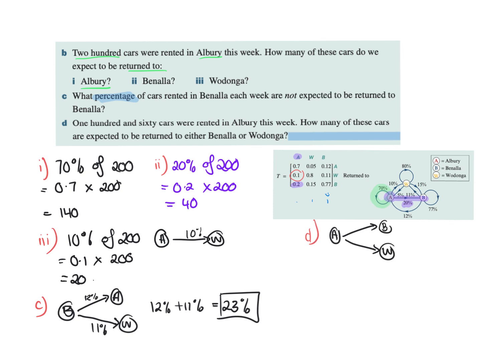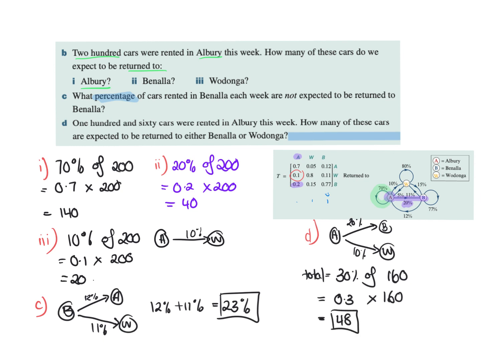If we have a look, it was 20% and 10%. So it's going to be a total of 30% of the 160. Remember, we changed that to 0.3 times 160 equals 48.